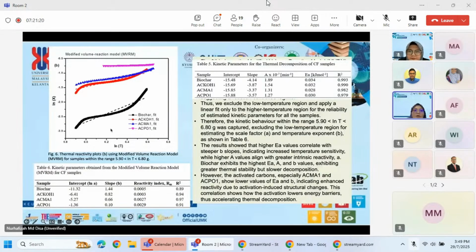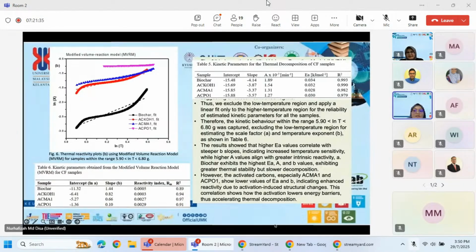When we did these two models, we found that the activated carbons, especially ACMA1 and ACPO1, show low values of activation energy and B, indicating enhanced reactivity due to the activation in this structure. We also did some market analysis.